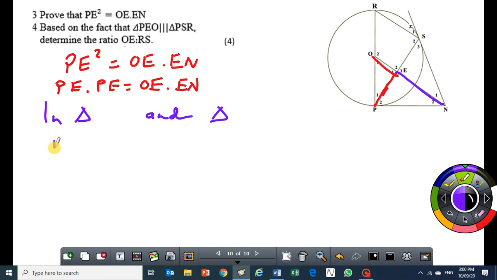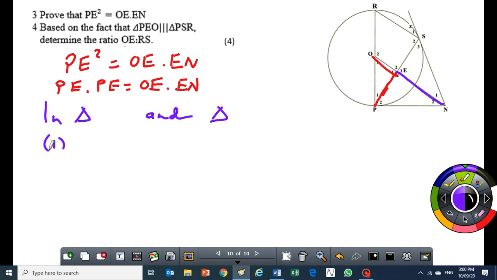So number one, we want to prove that two triangles are similar. If I start with this PE, for triangle PEO, it's opposite what? O1. It's opposite O1.